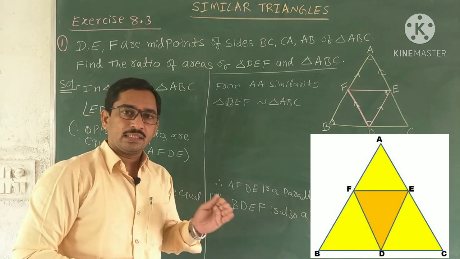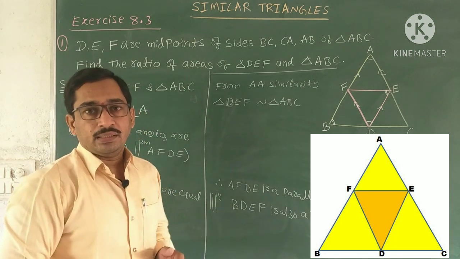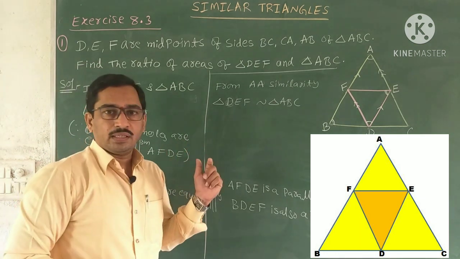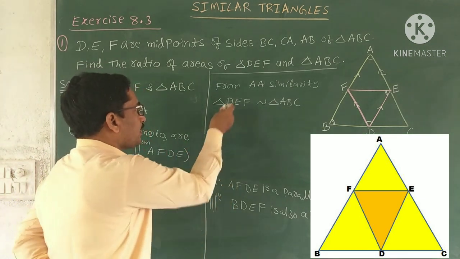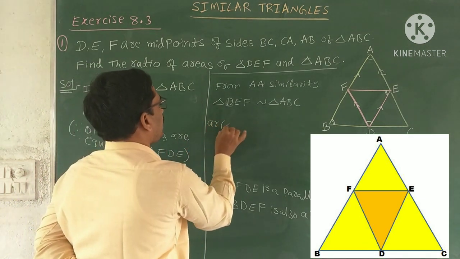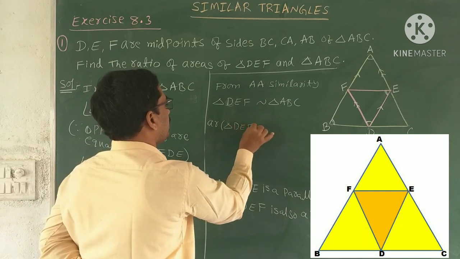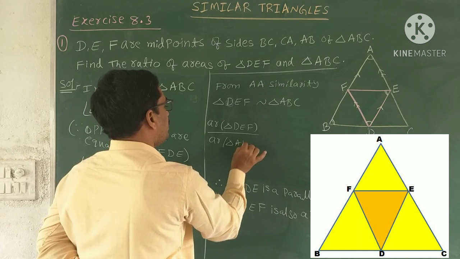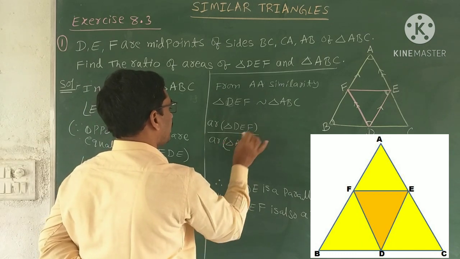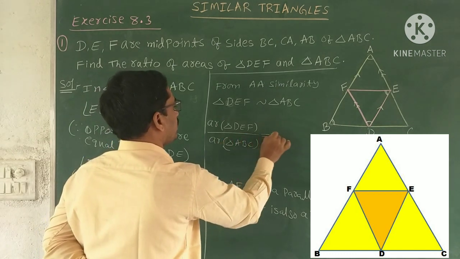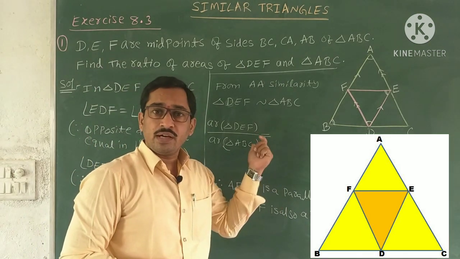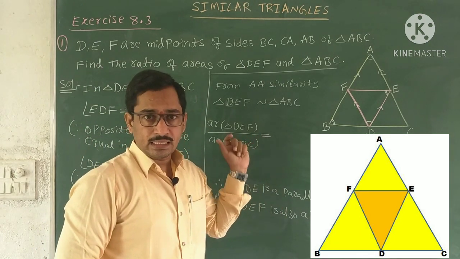If two triangles are similar, then we can compare their ratios of areas from the formula related to the areas of triangles. Area of triangle DEF by area of triangle ABC is equal to the ratio of the squares of their corresponding sides.